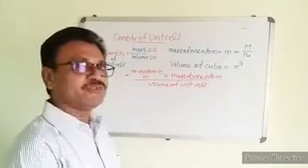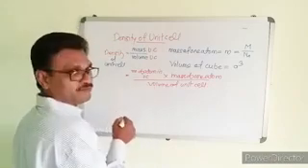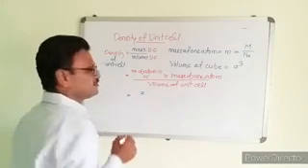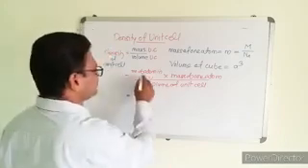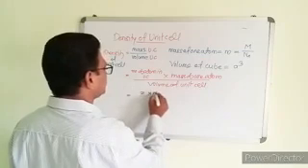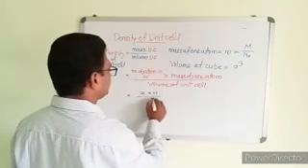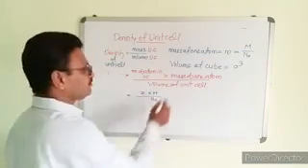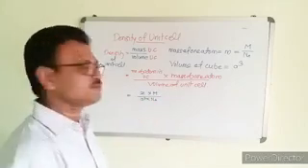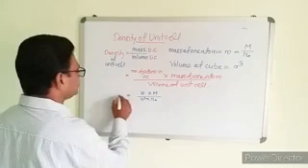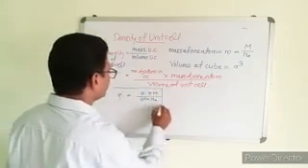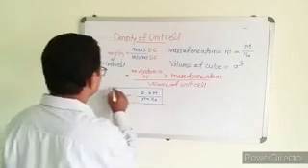If you designate the number of atoms in the unit cell by Z, into mass of one atom, M upon Avogadro number, upon volume of unit cell, that is a cube. So the formula of density can be written as rho. So this is the formula for density.